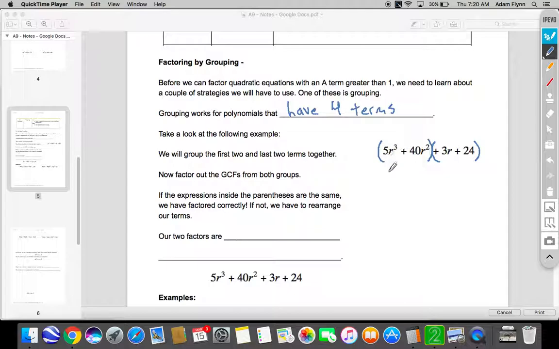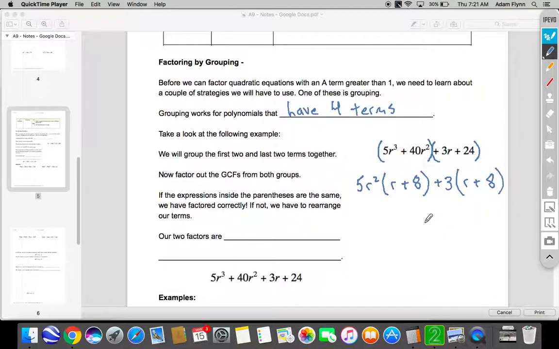My GCF for this first group would be 5r squared, and that would leave me with r plus 8. And then my GCF for my second grouping is positive 3, which leaves me with r plus 8.